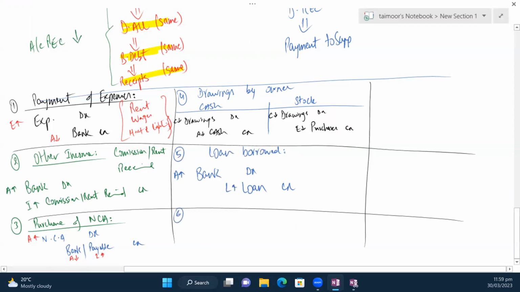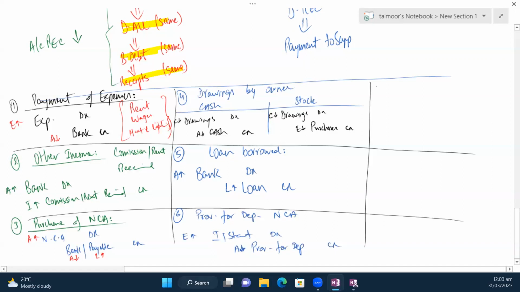Number 6, what is the possible entry for provision for depreciation of non-current asset? Whenever you're depreciating your non-current asset, what is going to happen? Income statement debit, provision for depreciation credit. Your expense is increasing and your asset is decreasing.